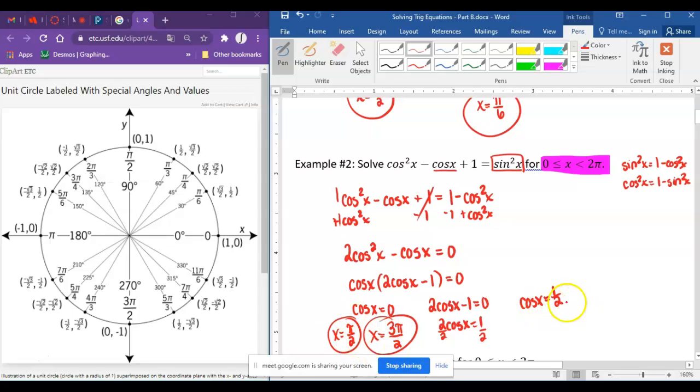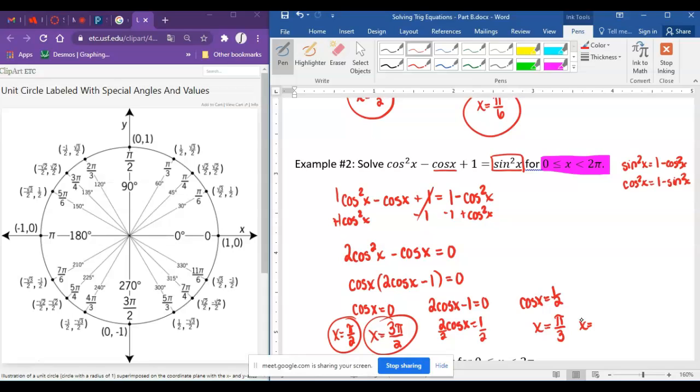We also need to know where cosine equals 1/2. So again, cosine x coordinate, it equals 1/2 right here at pi over 3. So x is going to equal pi over 3. And then we're going to continue around, and we're looking at the x coordinates.